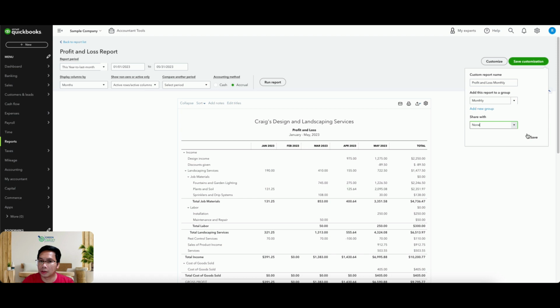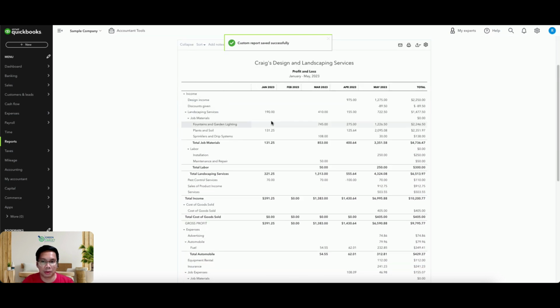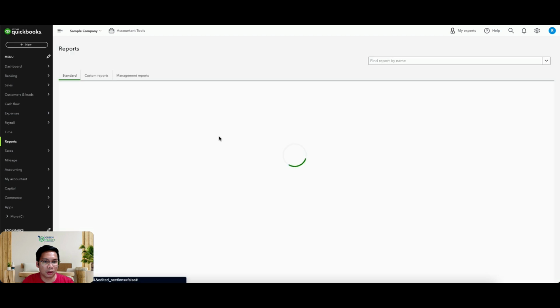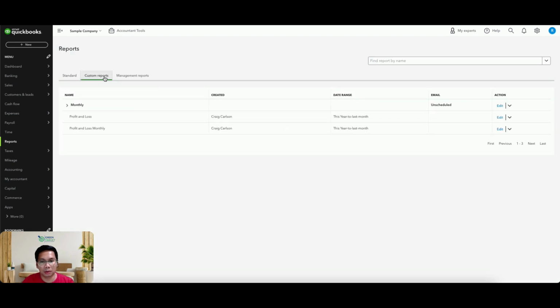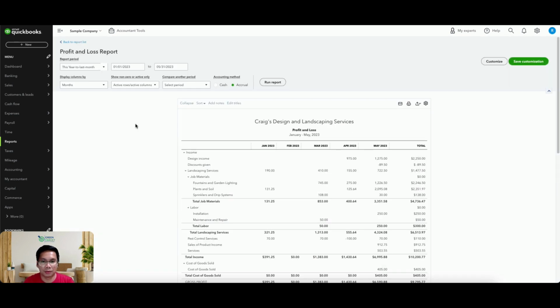You cannot share it because it's a sample company file, so just click Save. It's saved now as custom report. So to access custom report, just go back here on report list and go to custom reports. And we have here what we have saved.